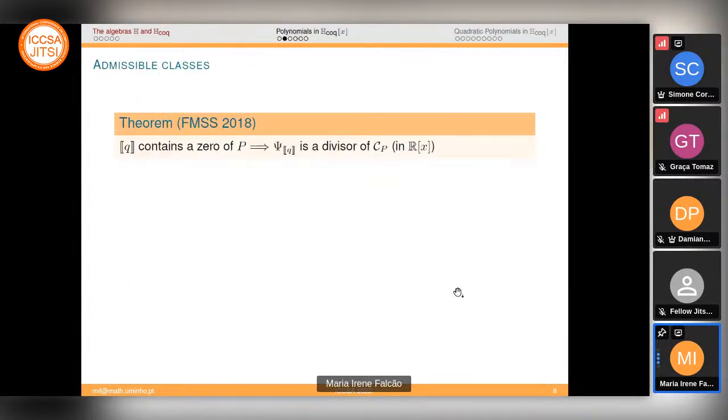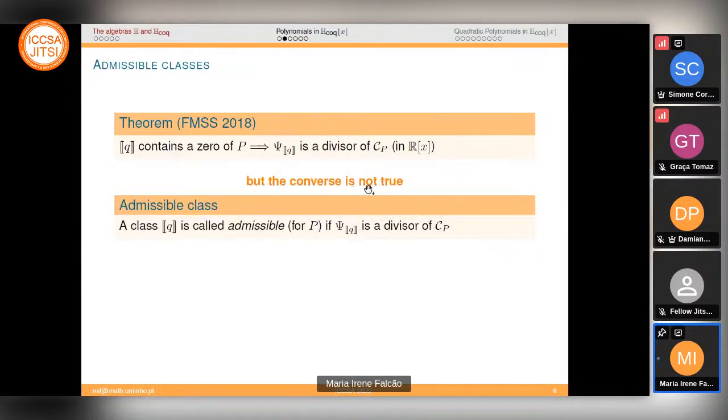In 2019, as I already mentioned, we decided to study this kind of problems that arise in the ring of co-quaternionic polynomials, and we have proved that if a quasi-similarity class contains a zero of p, then the characteristic polynomial of this class is a divisor of the companion polynomial.